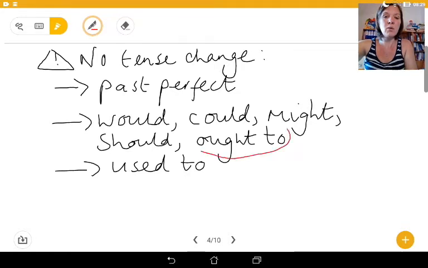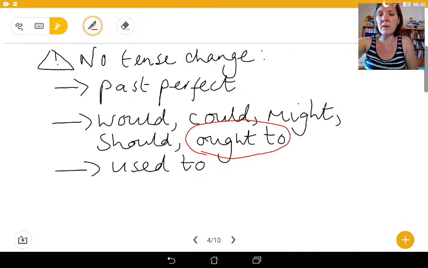Remember this ought to, we've said in previous lessons, the same meaning as should, okay? So a form for giving advice. And finally, our used to, okay, to speak about past actions or past facts, okay? So this one doesn't change at all.